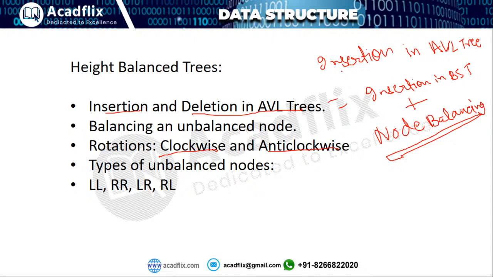This is the case for deletion also: deletion in AVL tree is equal to the deletion in BST plus balancing the unbalanced node. Node balancing, if you have to tell it to someone in a sentence, you will say balancing an unbalanced node.